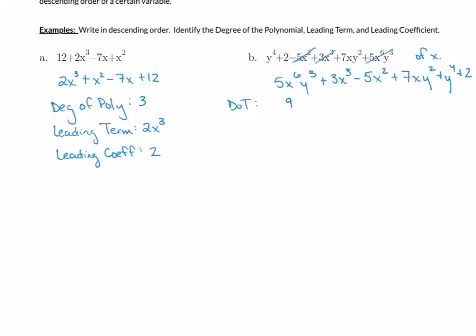We add our exponents. 3x cubed, this is going to be a degree 3. 5x squared, this is going to be a degree 2. What about 7xy squared? Well, this tells me I have 1x and 2 y's. This is going to be a total of 3. y to the fourth is degree 4, and again my constant term has a degree of 0.